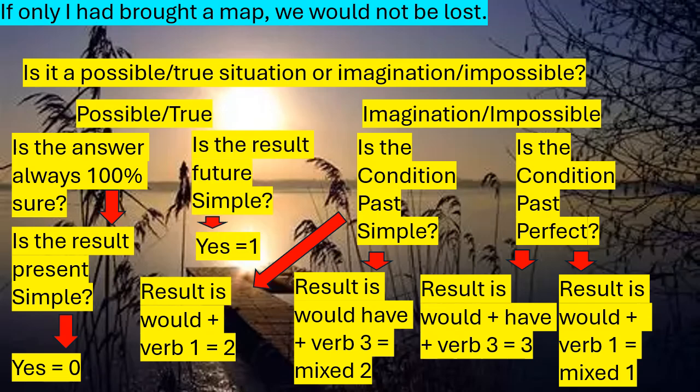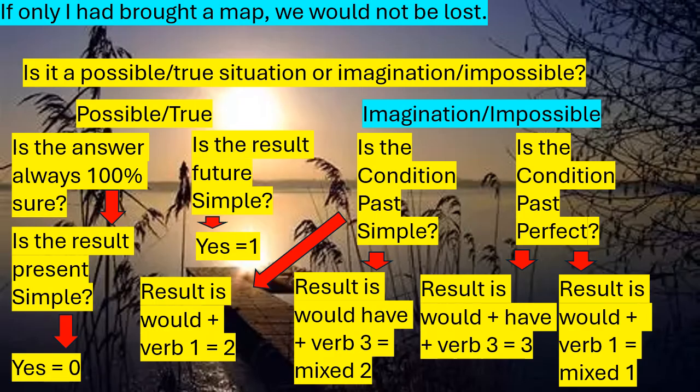If only I had brought a map, we would not be lost. So, possible or imagination, and this is imagination. I didn't bring a map, I'm just dreaming what the situation would be like if I did. So we're on the right here, imagination or impossible. So is the condition past simple or is it past perfect?